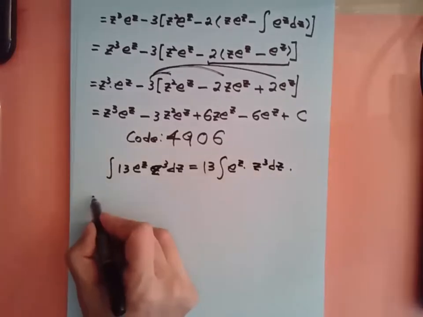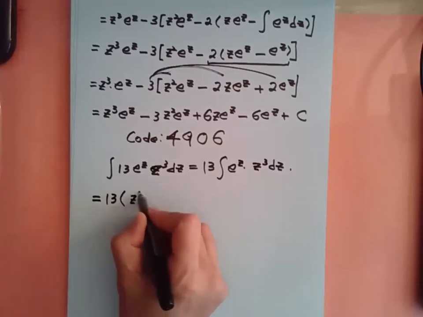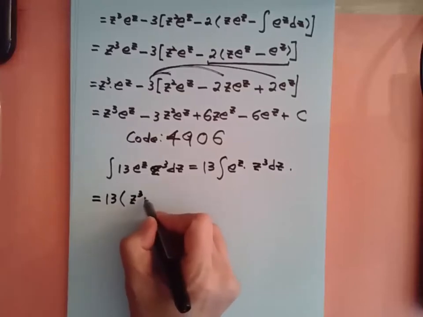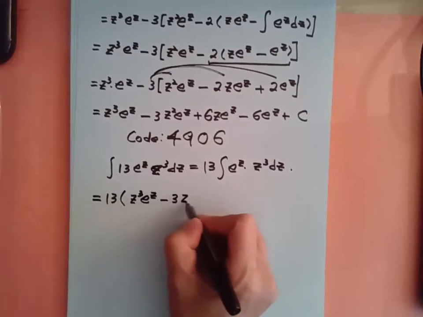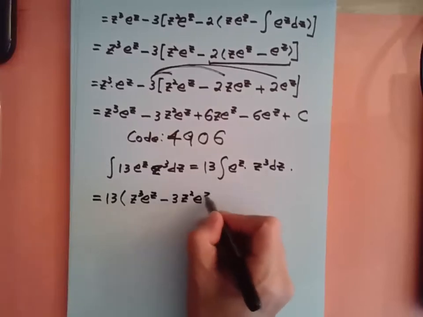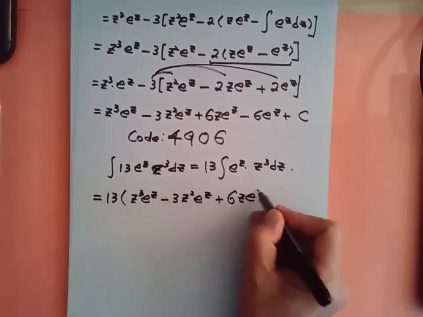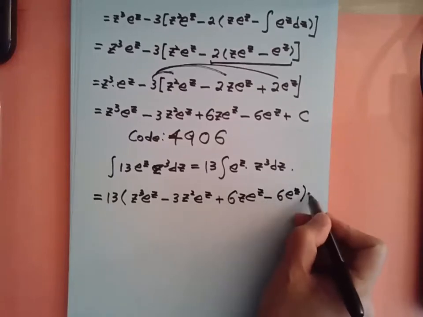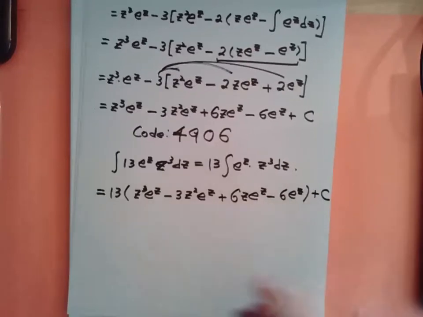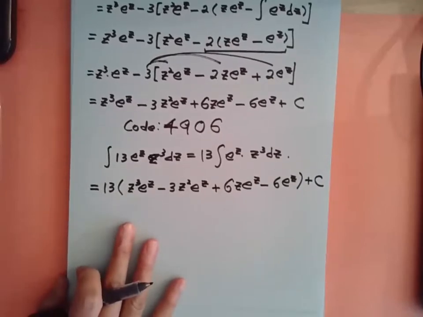So that is 13 times z cubed e to the z minus 3 z squared e to the z plus 6z e to the z minus 6 e to the z plus c. We don't have to multiply c by 13 because c is any arbitrary number.